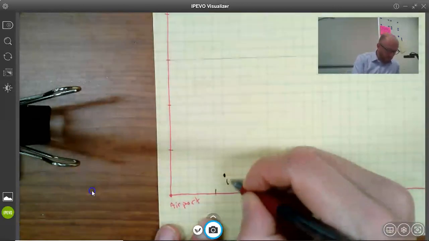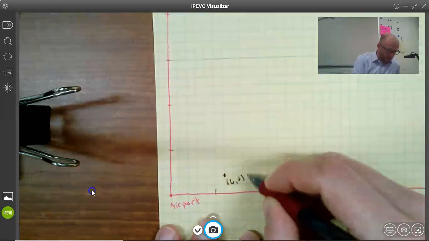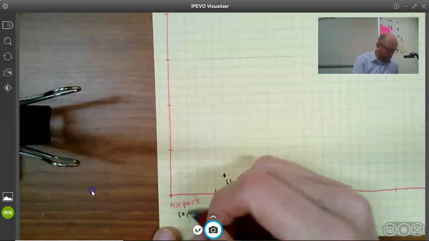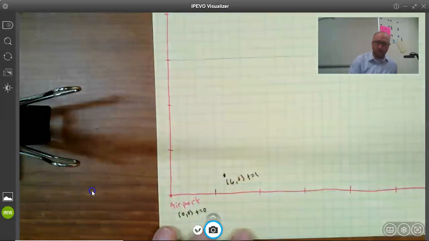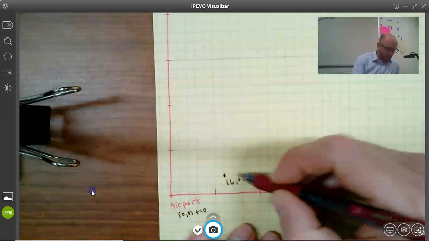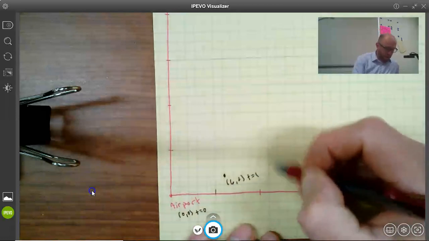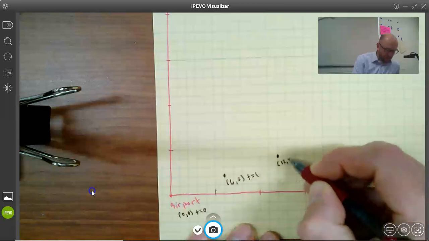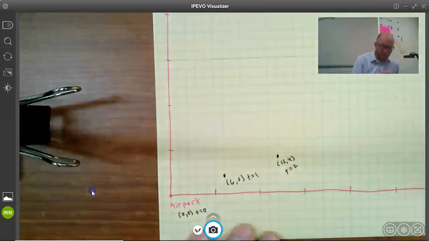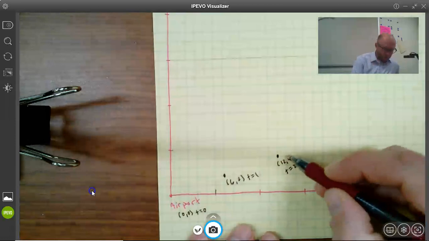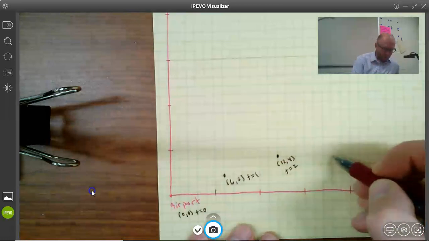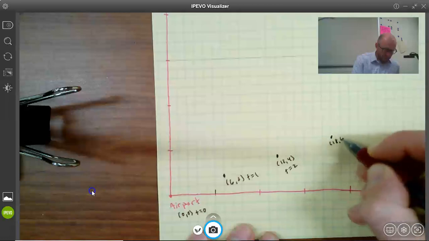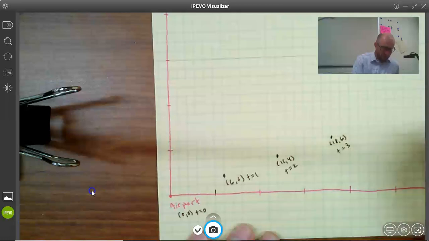So this is the point (6, 2), and t is equal to 1. And here at the airport, we're at (0, 0), and t equals 0. That's the takeoff time. Then 6 more over and 2 up: this is (12, 4), and t equals 2. Then 6 over and up 2: here's (18, 6), and that's t equals 3.